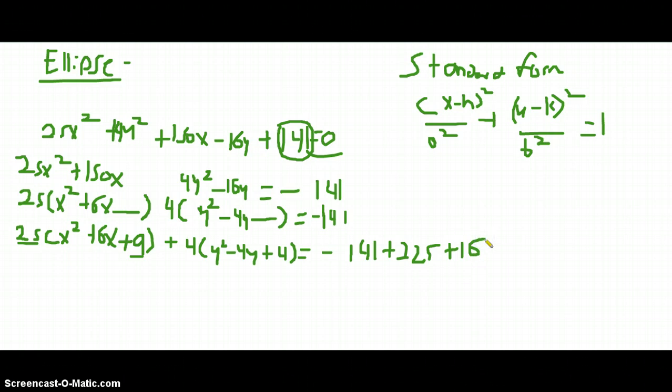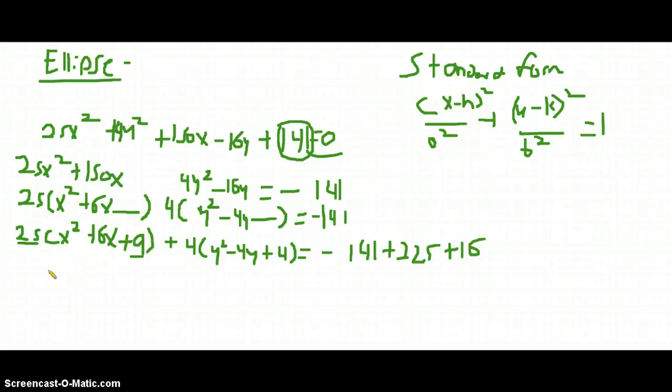And then what ends up happening is we get it in the center shifted form. Now the center shifted form is just very straightforward. It's almost the same as the circle center shifted form. The only difference that you really have to know is the standard form.